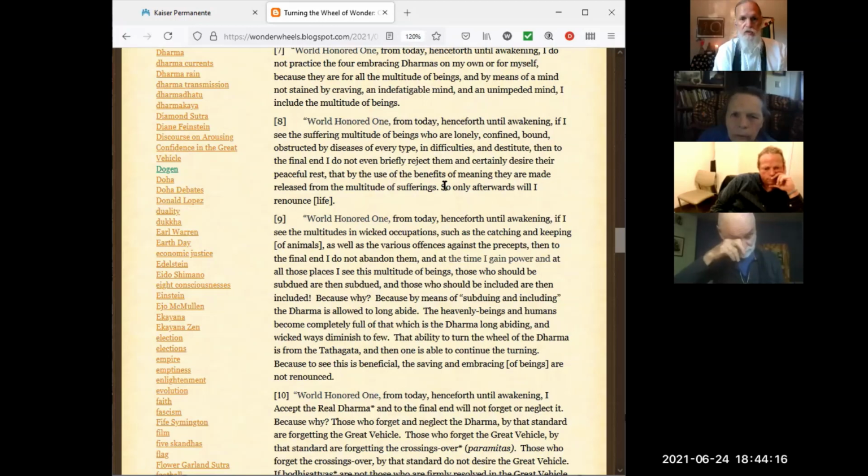So this is the first place we come across the word renounce, and this is going to again be very important in the next two sections.